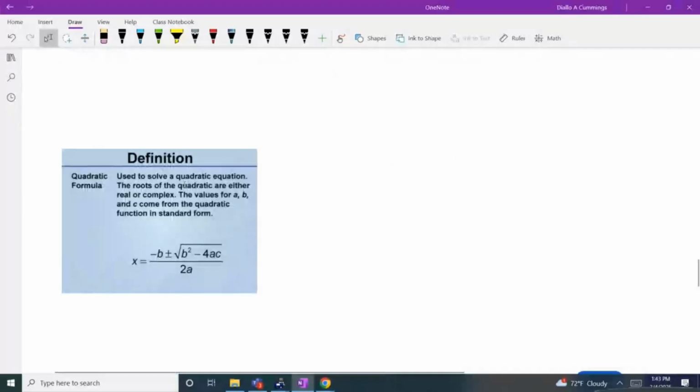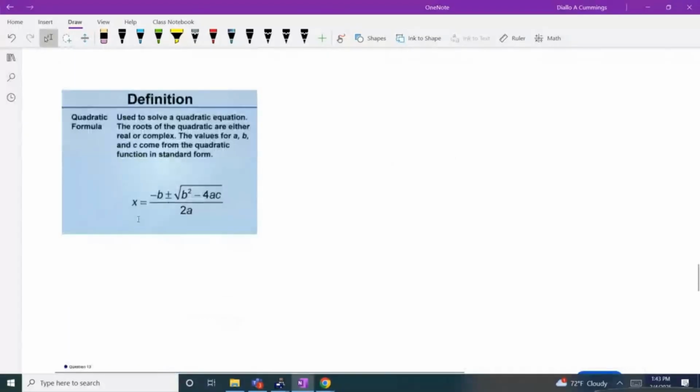I'm going to scroll down a little bit, and here is the quadratic formula. It's the most powerful method because you can solve any quadratic with it. It says x is equal to negative b plus or minus the square root of b squared minus 4ac all over 2a.